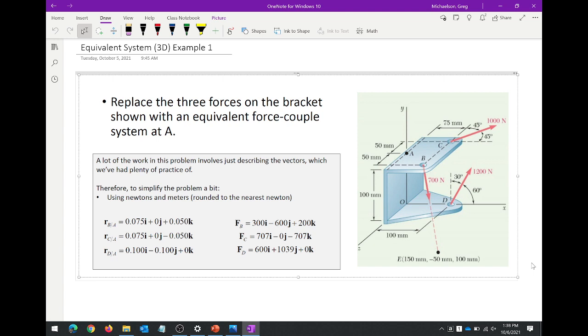And if you look at the force, ultimately I've got that described here. The idea is that even though the problem looks nastier, the process is exactly the same. You describe each of the vectors, each of the position vectors. In this case, I'm describing all the position vectors from the point A.